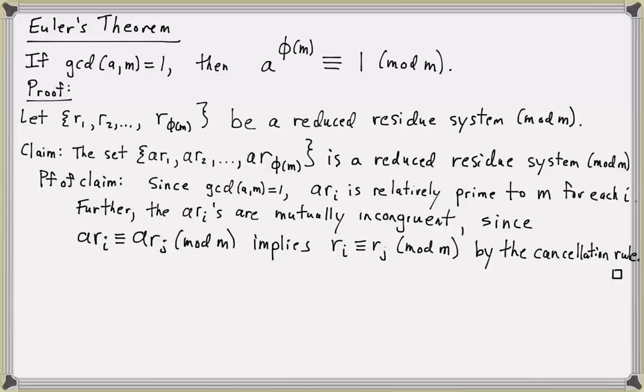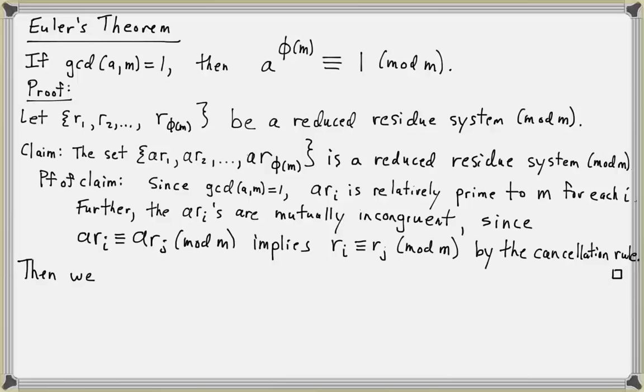So we have the R's and the aR's as two reduced residue systems mod m. Then these numbers can be paired up. Each aR_i must be congruent to some R_j mod m. Okay, so back to the proof of Euler's theorem.